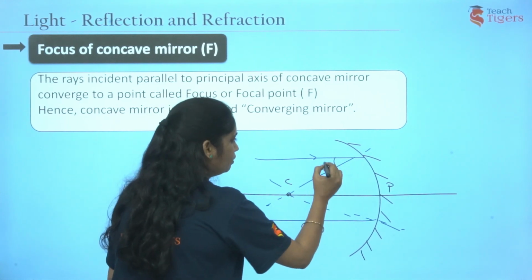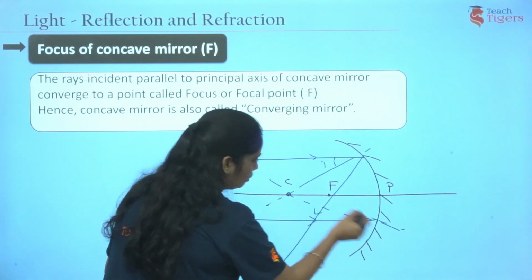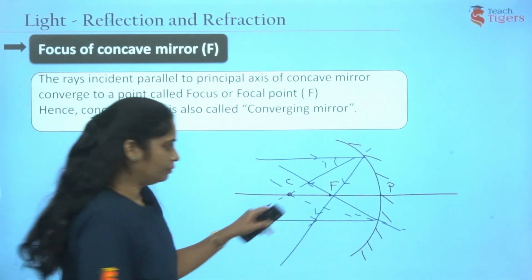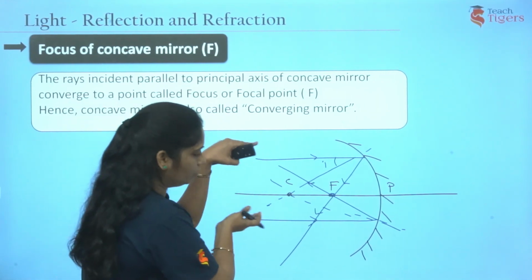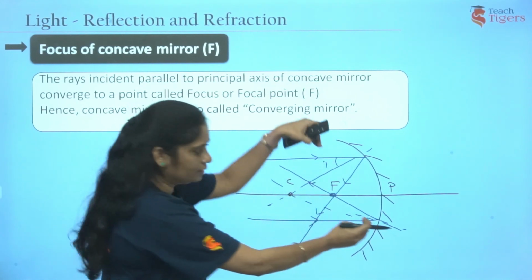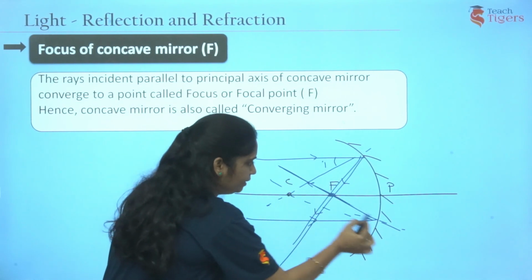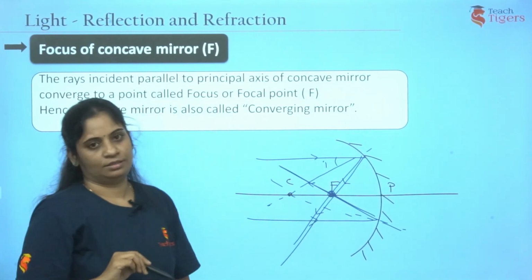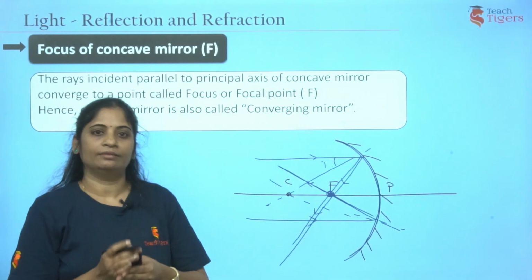Now you can measure the angle of incidence, and when the angle of reflection is drawn, it is observed that both the reflected rays are passing through a point, and this point is called the focus. It is called focus because all the parallel rays which are incident on the concave mirror are all focusing at a single point. You can see all the reflected rays meeting at this point, and that's why this concave mirror is also called a converging mirror.